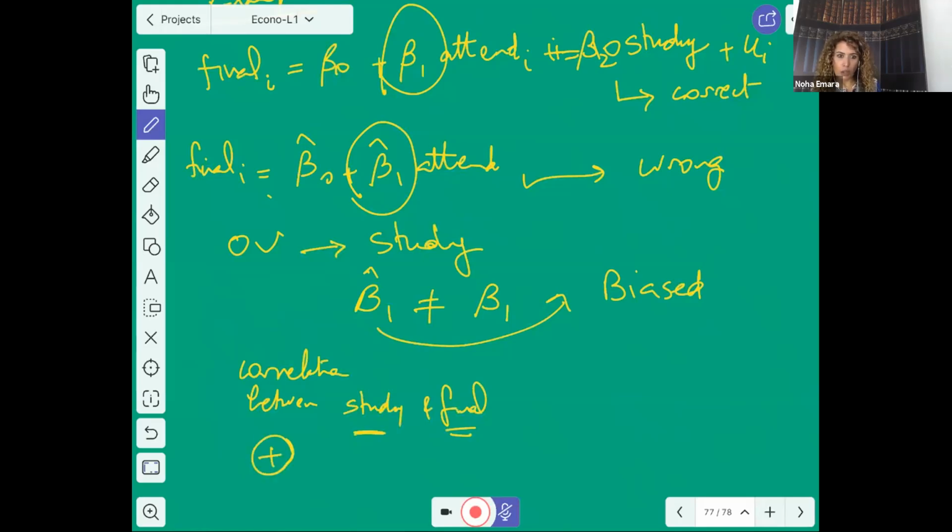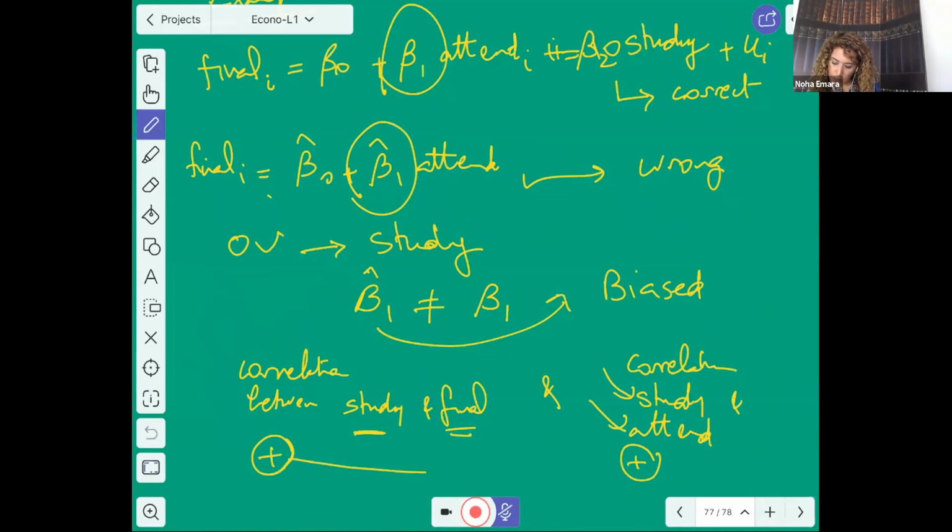The more that you study, the higher your final exam score. And it also depends on the correlation between study and attending the class, which is the correlation between the omitted variable and the included variable. I'm sure it's positive. So positive times positive would give me a positive bias.